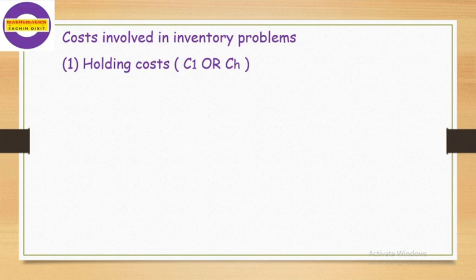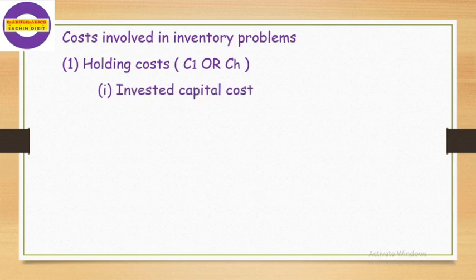Holding cost is assumed to vary directly with the size of inventory as well as the time for which the item is held in stock. The following components constitute the holding cost.